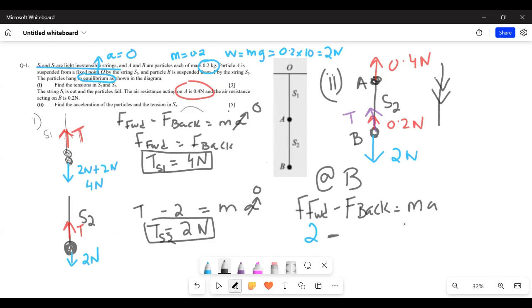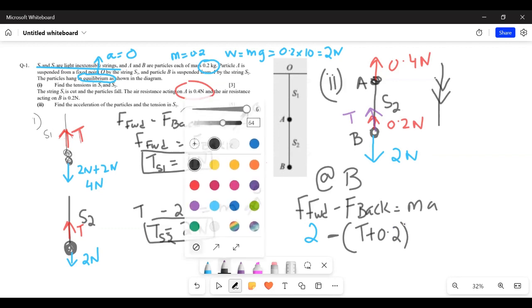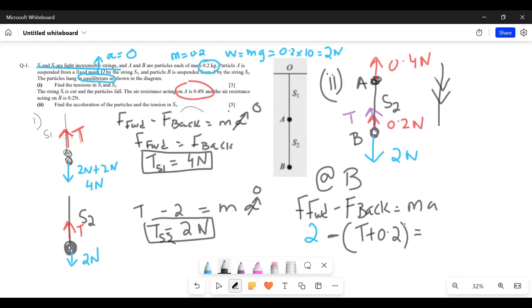Tension is not the same as the tension in part 1. In part 1 the acceleration was 0. Now, since the object is falling, acceleration is not 0 anymore. So you don't know what T is. So the backward force is T plus 0.2, equals mass times acceleration.